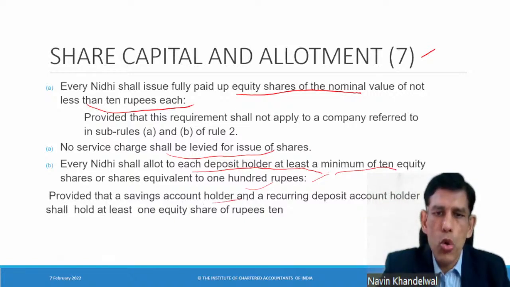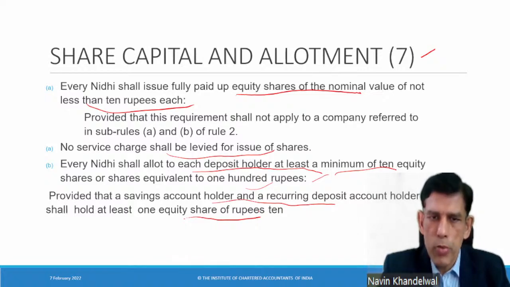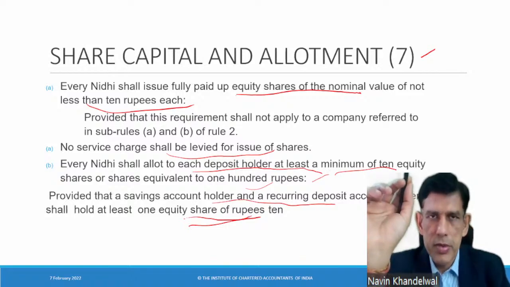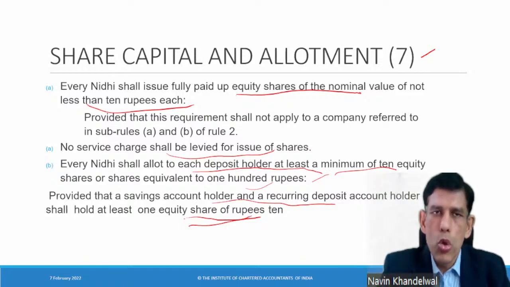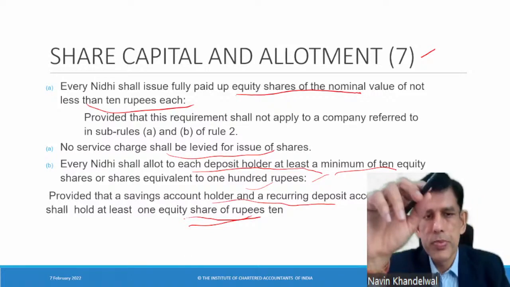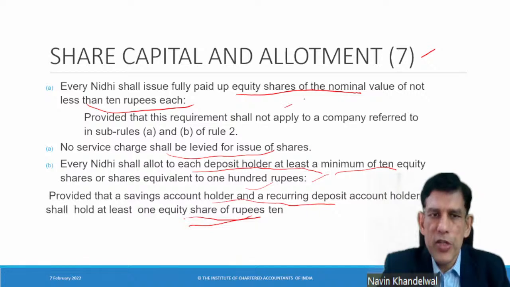Provided that a savings account holder and a recurring deposit account holder shall hold at least 1 equity share of 10 rupees each. So if you are opening a savings account or a recurring deposit account, you should at least hold 1 equity share of 10 rupees each. Then only you are allowed to open a savings account. That we have already understood. So minimum face value 10.